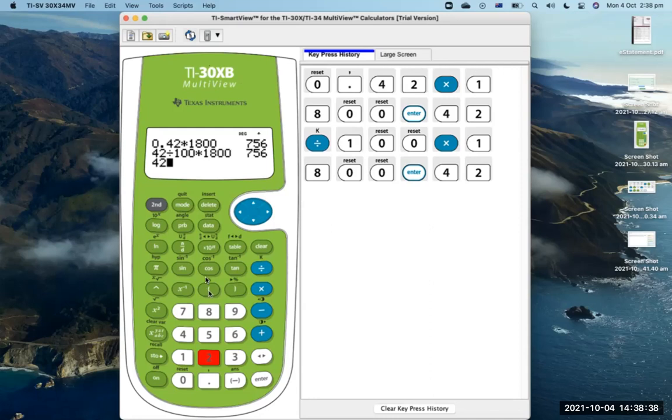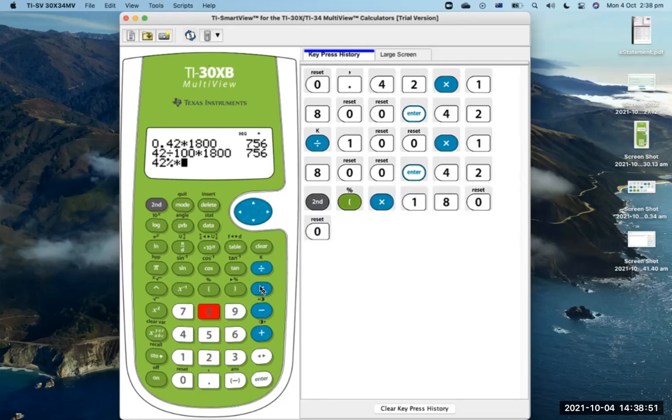How about on the left bracket? Second left bracket? Yeah. And then we also write times 1,800. And it will still give you 756.